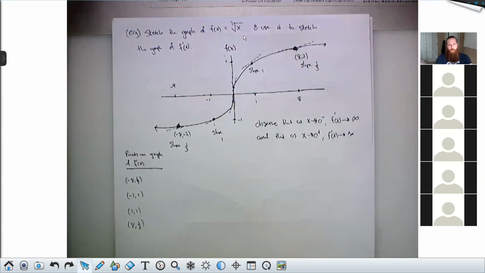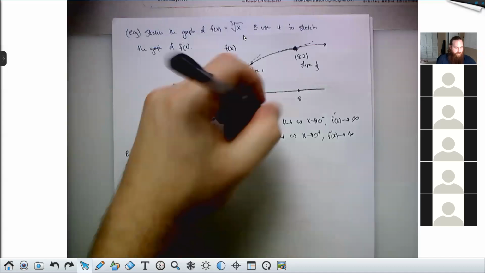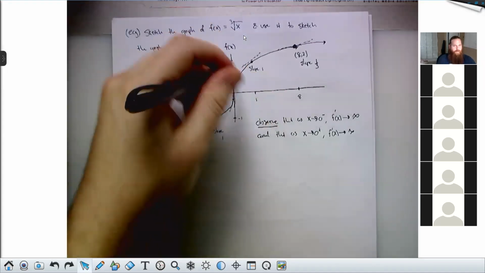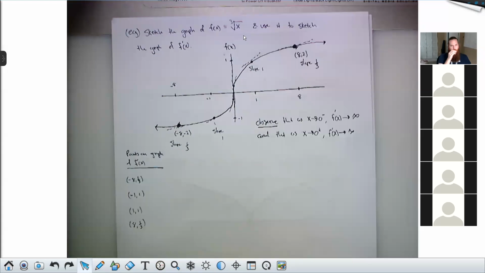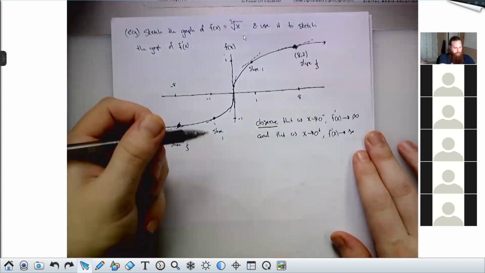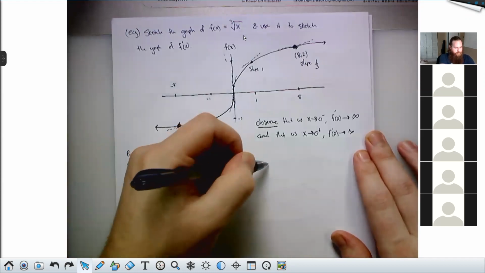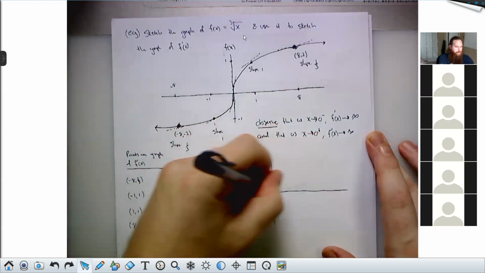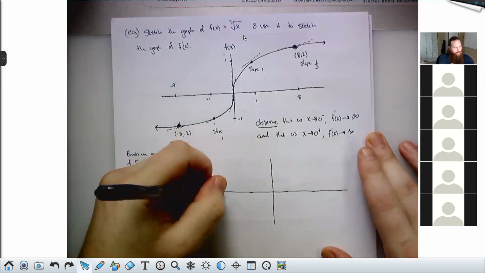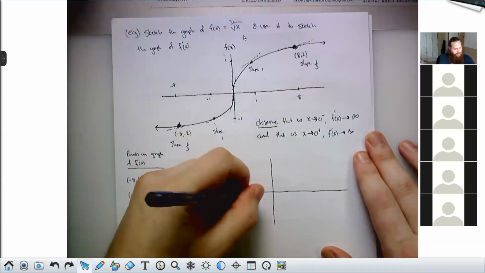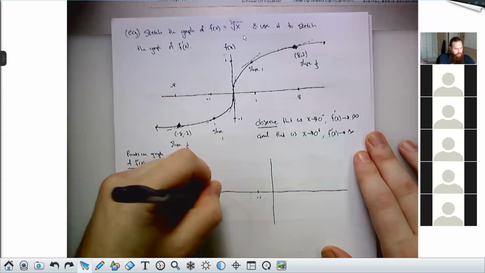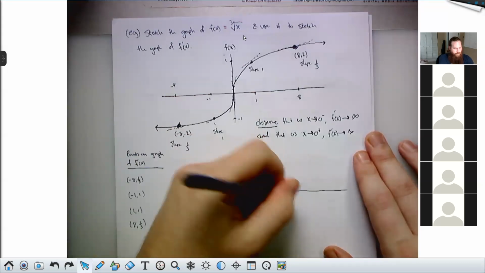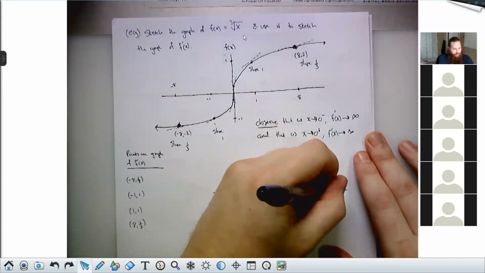So together with those points and these observations about what happens near the vertical tangent line, I can draw a very nice graph of f prime. I'm going to have to shift it over here to get space for everything. Okay, we'll call this -1, we'll call this -8, we'll call this 1, we'll call this 8.